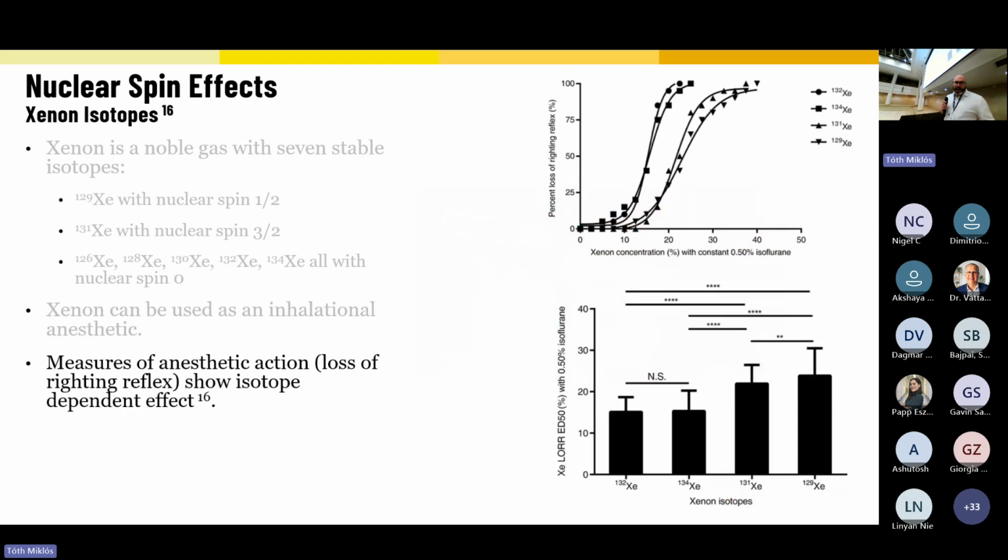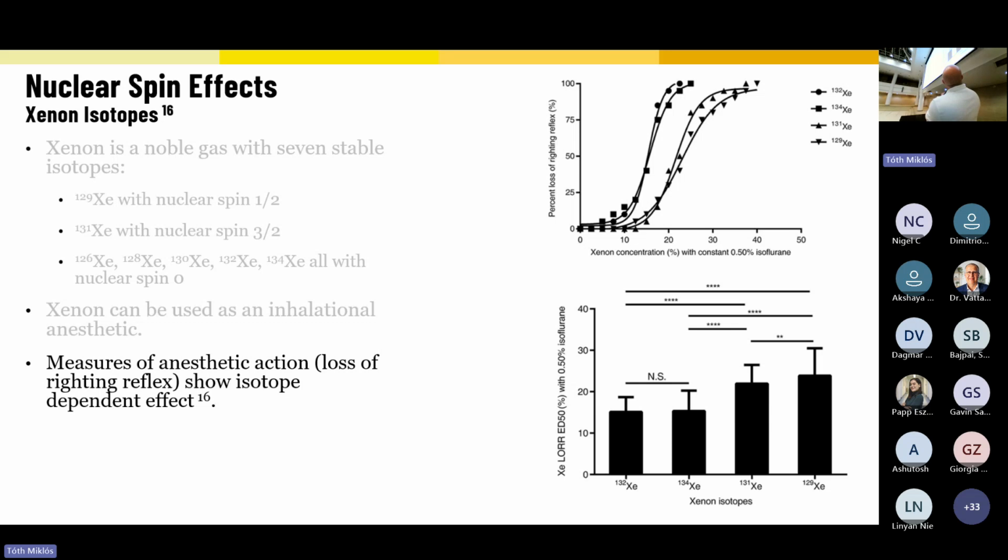There's an experiment done several years ago now where they were looking at rats being given xenon anesthesia, where the xenon was purified into different isotopes, and they found that there was an isotope-dependent effect, such that the ones with 132 and 134 are the ones that are longer, the 131 and 129.